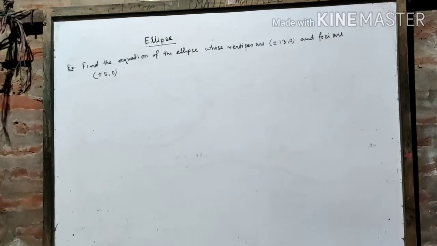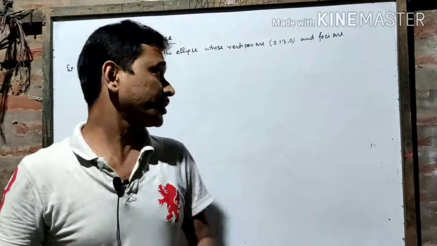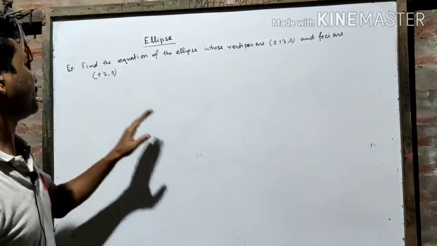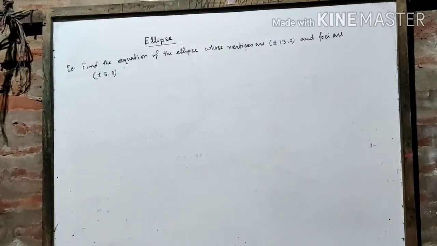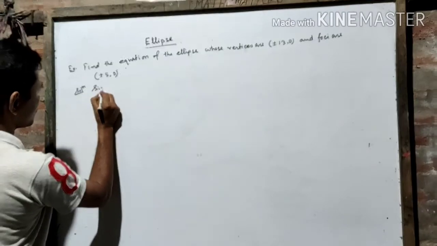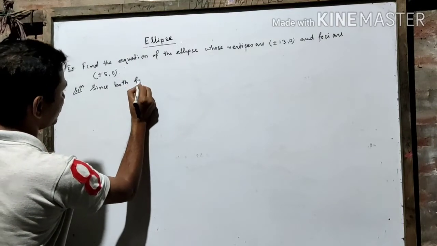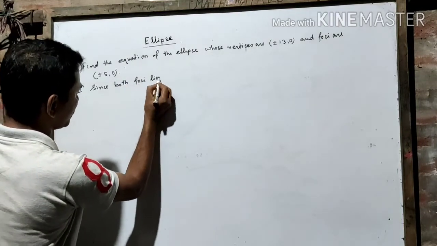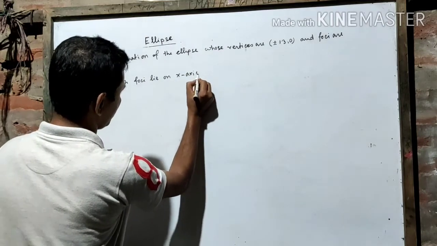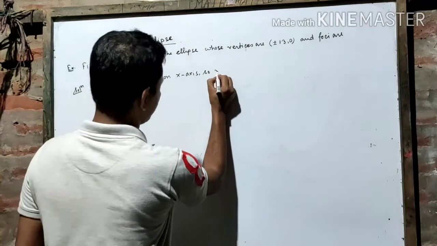Next question is, find the equation of the ellipse whose vertices are plus minus 13, 0 and foci are plus minus 5, 0. Here both the foci lie on x-axis, so x-axis is the major axis. Solution: since both foci lie on x-axis, x-axis is the major axis.